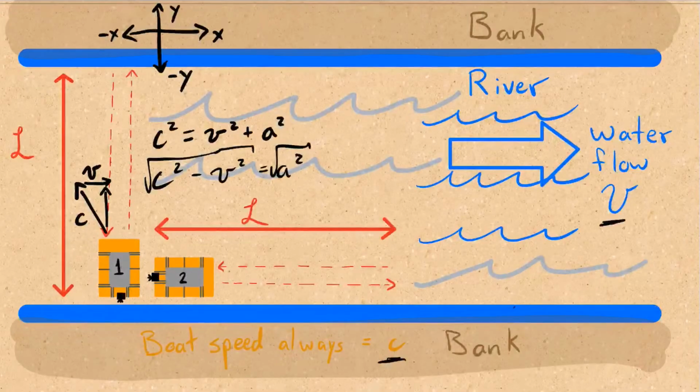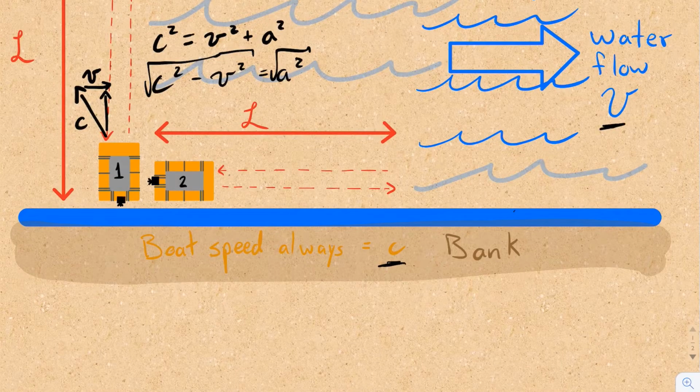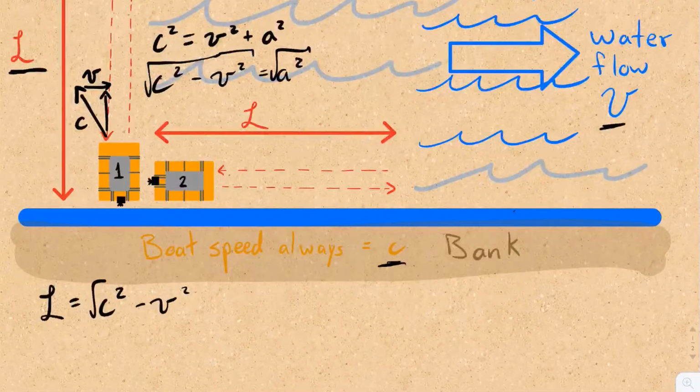Now that we have the velocity, we can find the amount of time it takes. We know that distance equals velocity times time. We have the total distance, which is just, in this case, L. So we say that L equals the square root of c squared minus v squared times time.